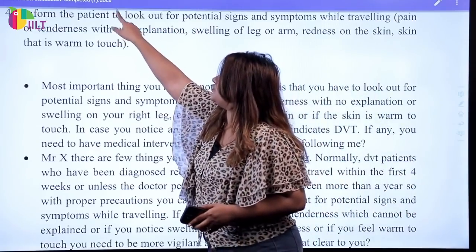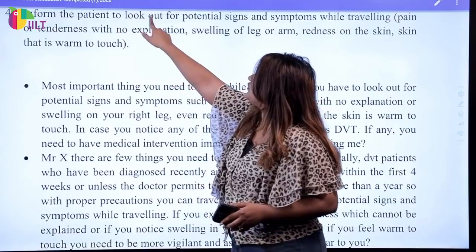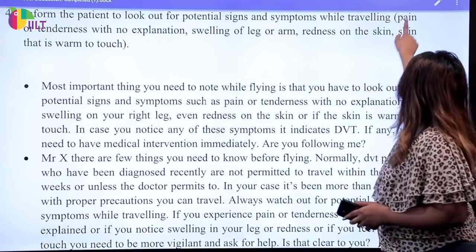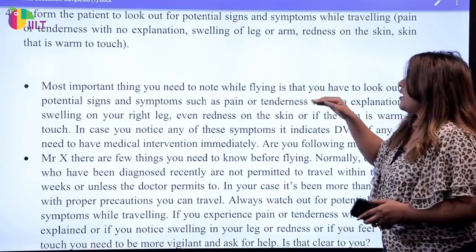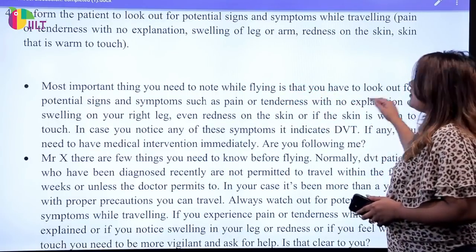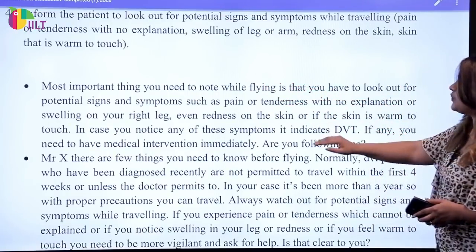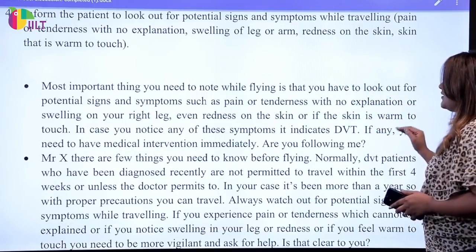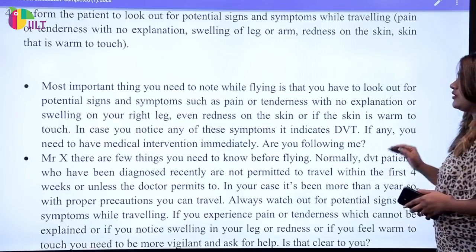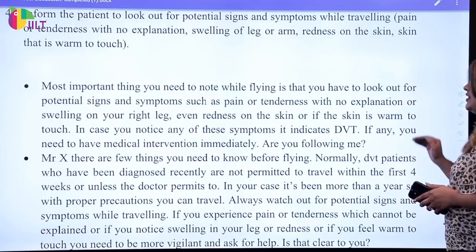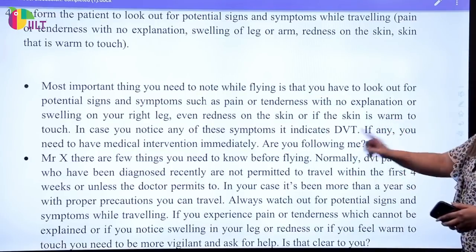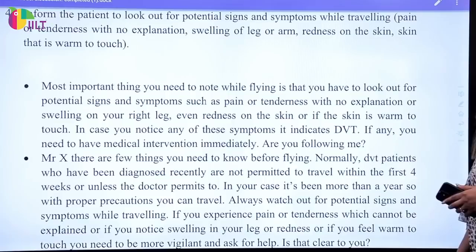You have to look out for potential signs and symptoms such as, and you're explaining the points given in the bracket, pain or tenderness with no explanation, or swelling on your right leg, even redness on the skin, or if the skin is warm to touch. In case you notice any of these symptoms, it indicates DVT. If any, you need to have medical intervention immediately. Are you following me? Okay, that is how we can explain it.